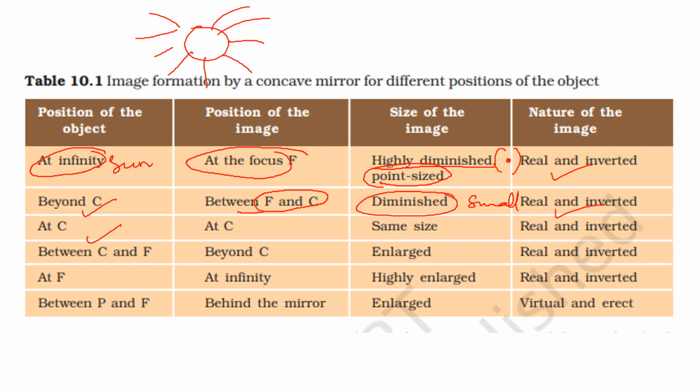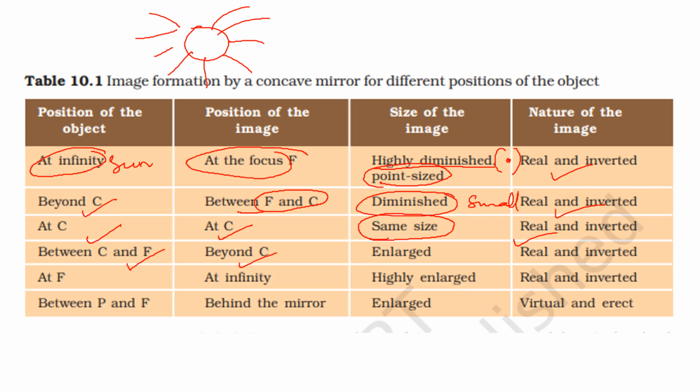And at C, the image is also formed at C, same size. I asked the name of another. So today you learn concave mirrors also give same size image. One more mirror is there. So the characteristic is real and inverted. When the object was between C and F, the image is formed beyond C. So I will tell you the technique.